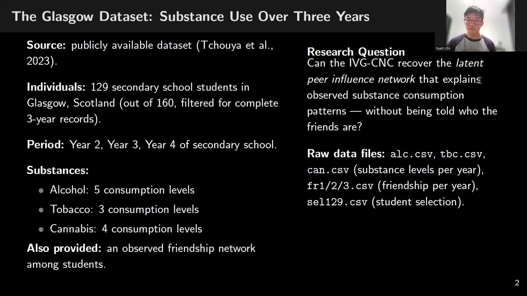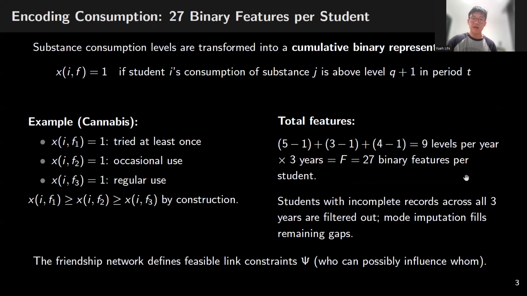We got different raw data, and we conducted some pre-processing of the data. For example, let's talk about the encoding, because our network and our data are using different levels. It's not originally binary. So one choice we have made is to transform them into a cumulative binary representation. For example, one feature will be connected to a substance at a level.